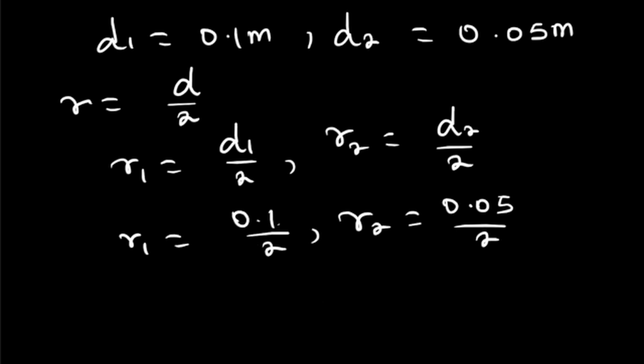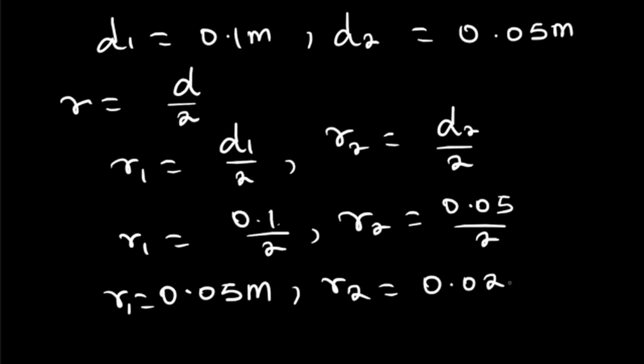Now let's divide. For the first one, 0.1 divided by 2 is 0.05 meter. So our r sub 1 is equal to 0.05 meter. And then our r sub 2 is equal to, let's divide, 0.05 divided by 2, which gives me 0.025 meter. Okay, now we have our radius.